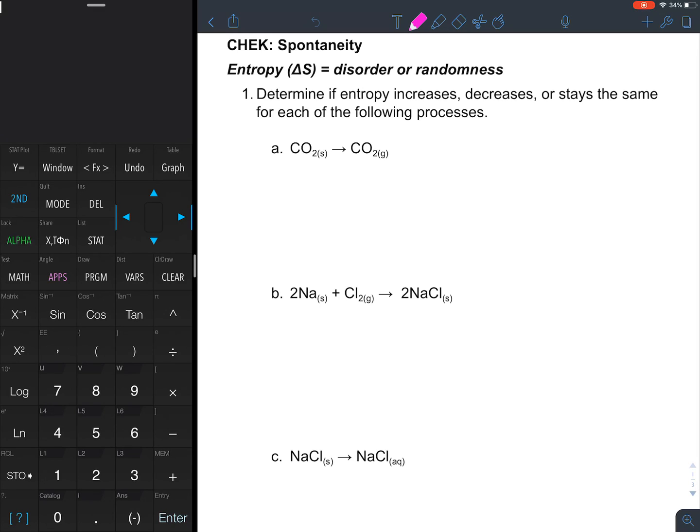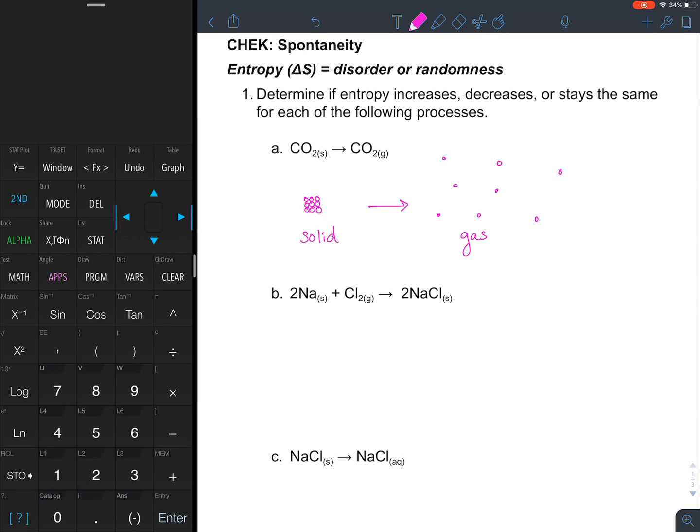So in the first one, we start off with a solid, and we're moving to a gas. So if we have a solid, we think of those molecules being really close together, okay? And then we're moving into the gas state. So for a gas, remember those molecules are expanding out all over the place and moving in all sorts of different directions.